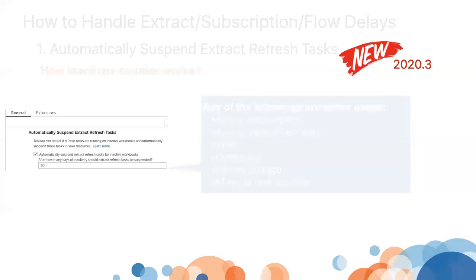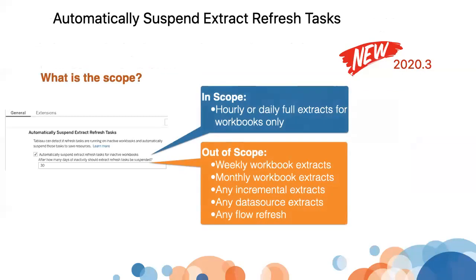Now, next one. Which kinds of schedules are suspended? Which kinds are not? So far, in 2020.3, the scope is only hourly or daily full extracts, and for workbooks only. At least here is the longer list of what's out of scope.